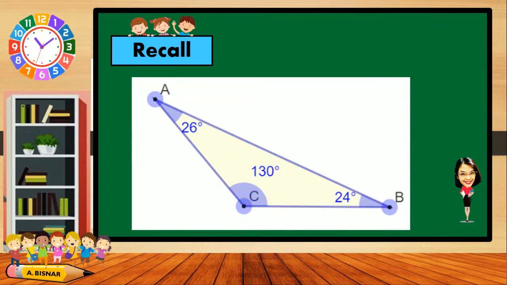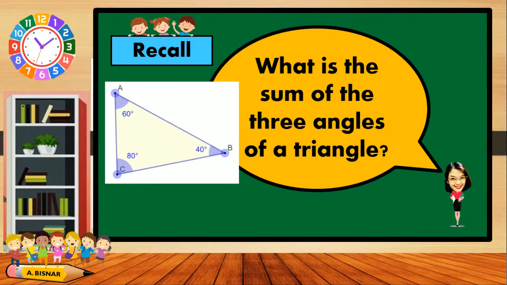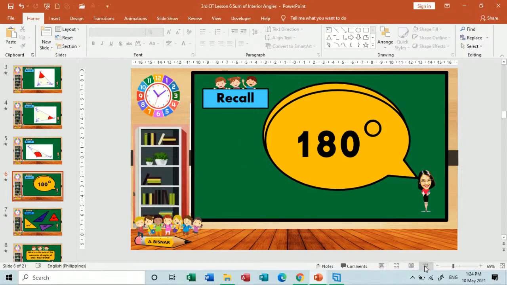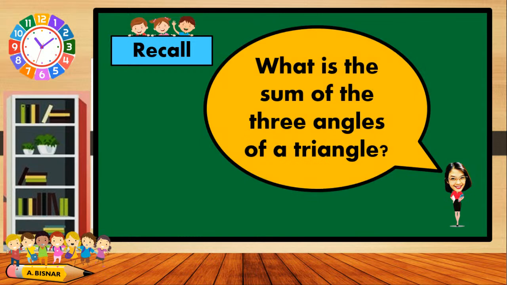The answer is 130 degrees. So we will use this idea to our lesson for today. Okay? Now, wait lang, hindi ko na-delete. So for our lesson today, this is what you need to remember. From what we have done a while ago, what is the sum of the three angles of a triangle? Ano palagi yung total? Ano palagi yung sum ng tatlong angle ng triangle? Type your answers. Ano po palagi?